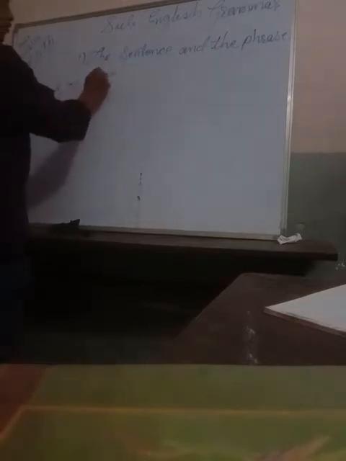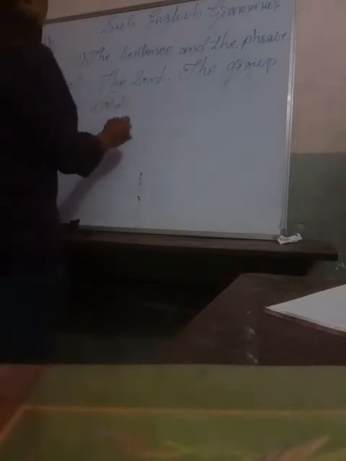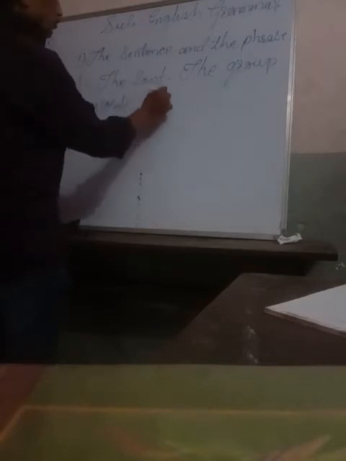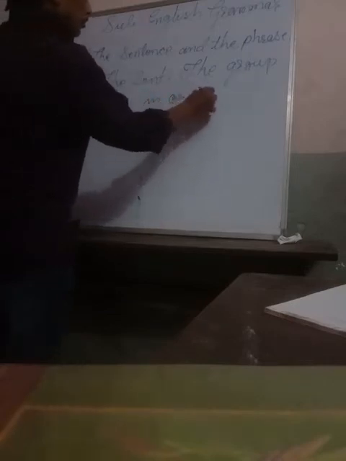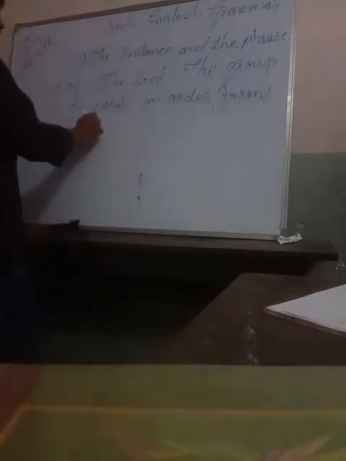ये कैसे बनते हैं? Sentence कैसे बनता है? First of all, we are going to see that from the definition we will get it now. The definition of sentence. Okay. The group of words in order forms a sentence.